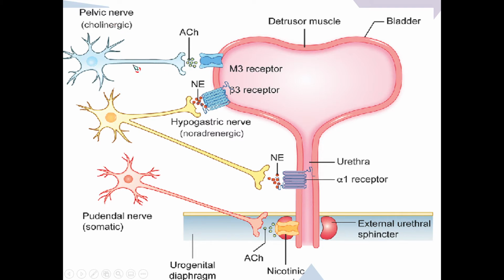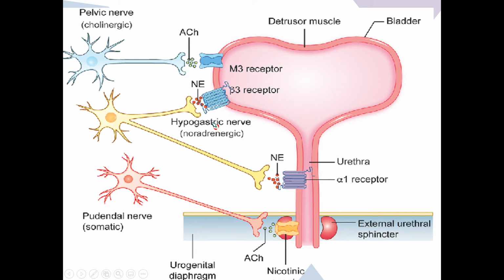In the pelvic nerves, the bladder has the muscarinic receptors, which are known as M3 receptors, and the neurotransmitter is acetylcholine. While the hypogastric nerves, which are the sympathetic ones, act on the beta receptors, known as the B3 receptors, with the release of noradrenaline.